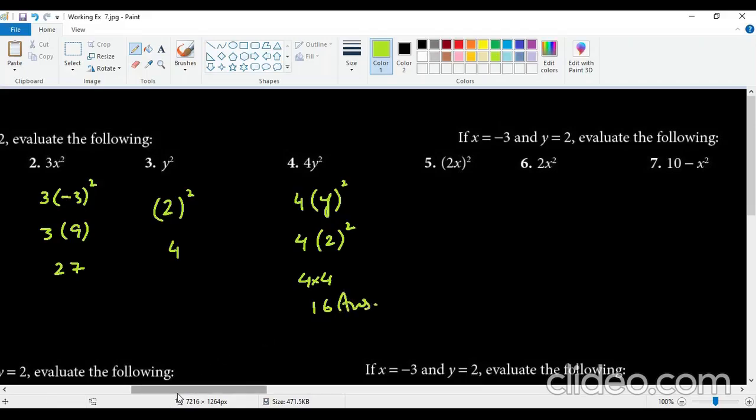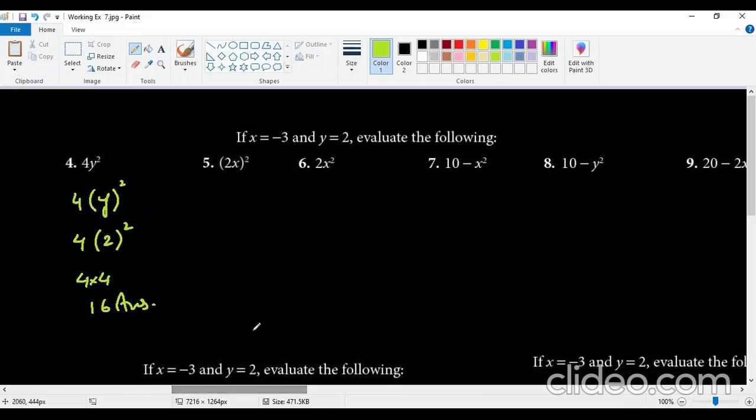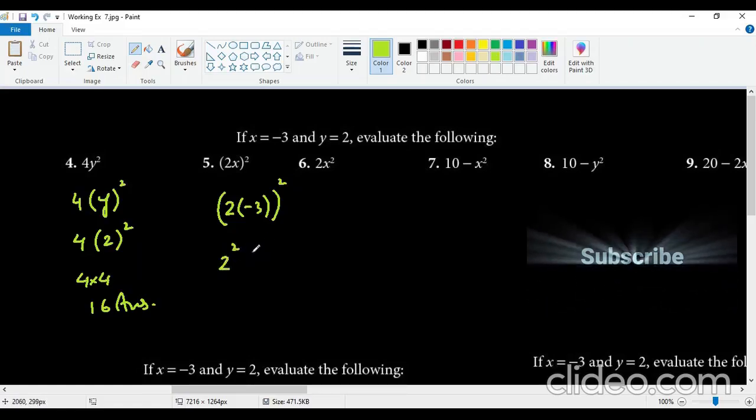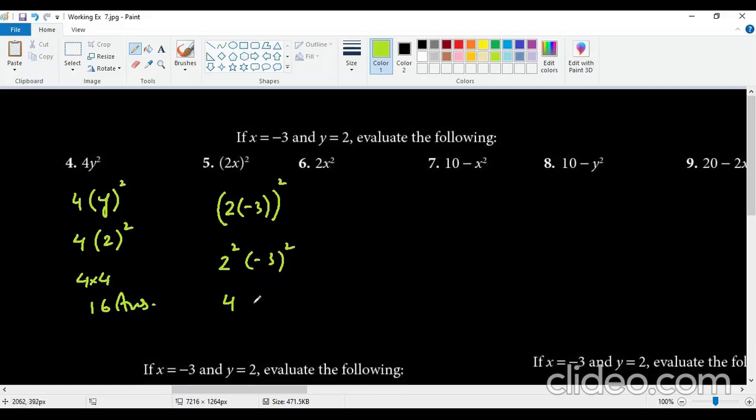When it comes to 2x power 2, that means 2 times the value of x, which is -3, is going to be whole squared, something like this. So that means this 2 is squared, and -3 also is squared. So this is going to give you a 4, and the bracket is going to give you a +9.